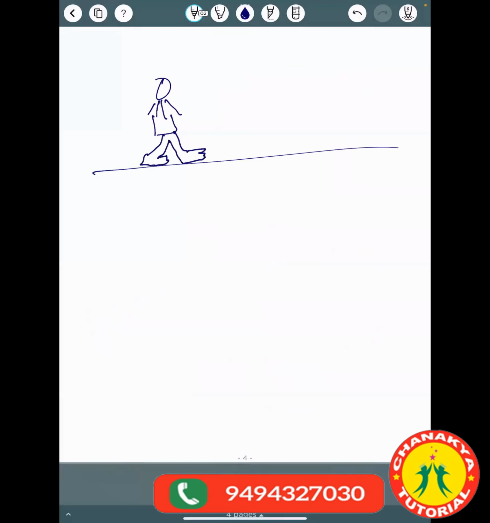What will be the direction of friction on the legs? So it will be backwards, no?